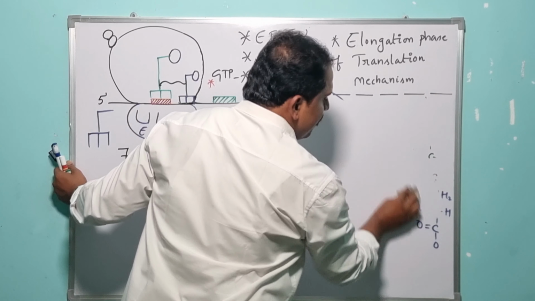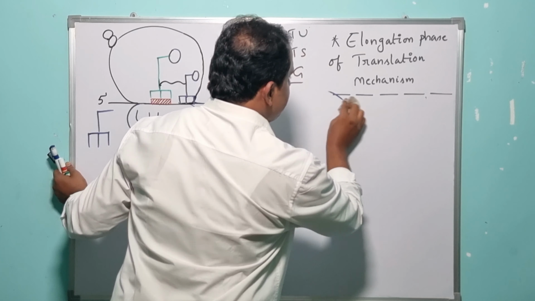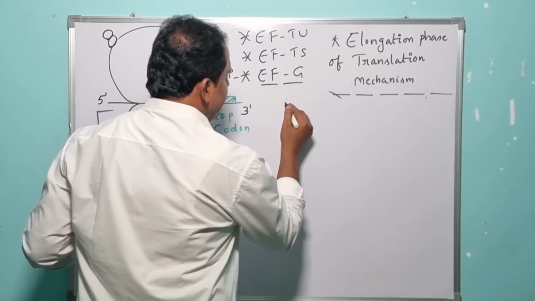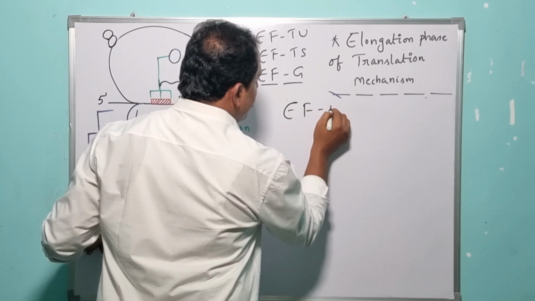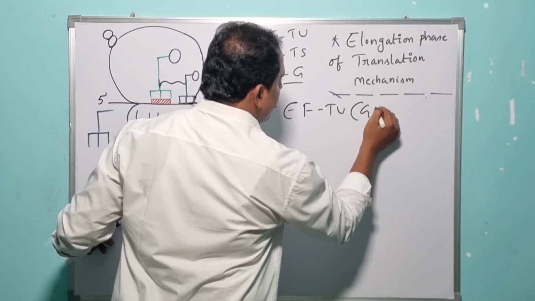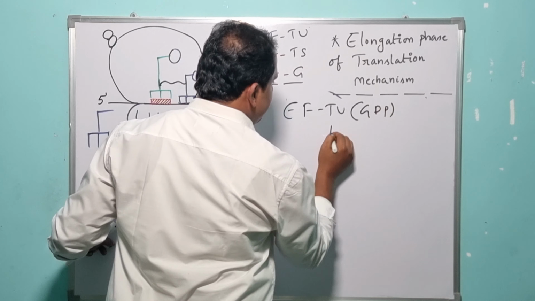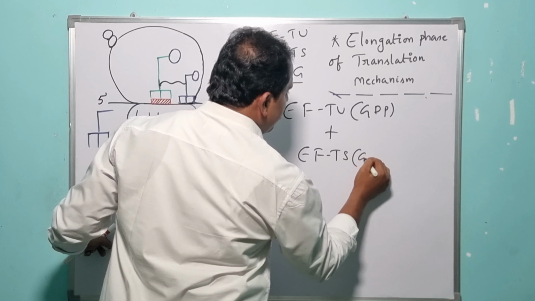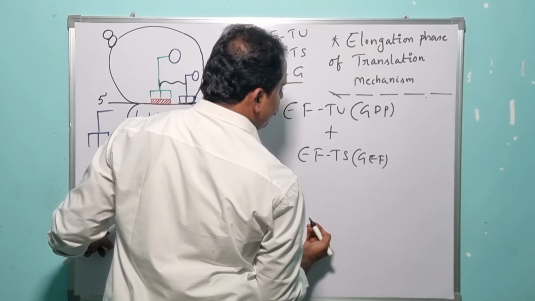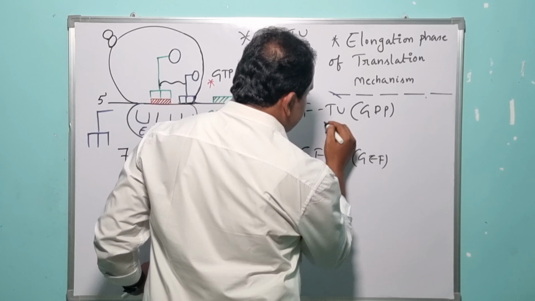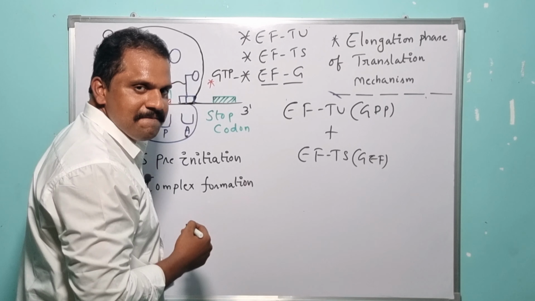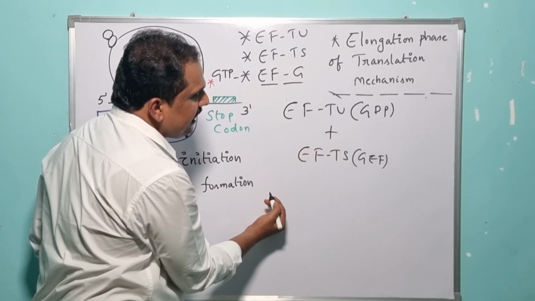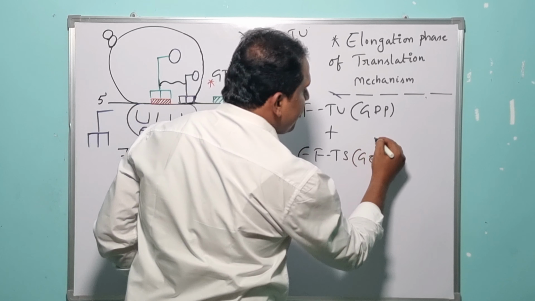EFTS is a guanine nucleotide exchange factor. So once the EFTU GDP is in association with EFTS, the specific EFTU again acquires its active conformation.